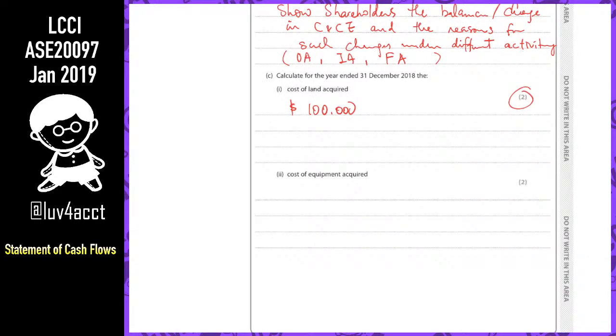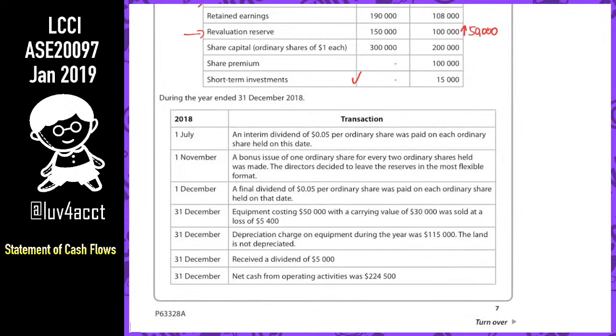Cost of equipment acquired. What is given to you for the equipment? Equipment costing 50 with carrying value 30 was sold at a loss. So we have here 50,000, carrying value 30,000.